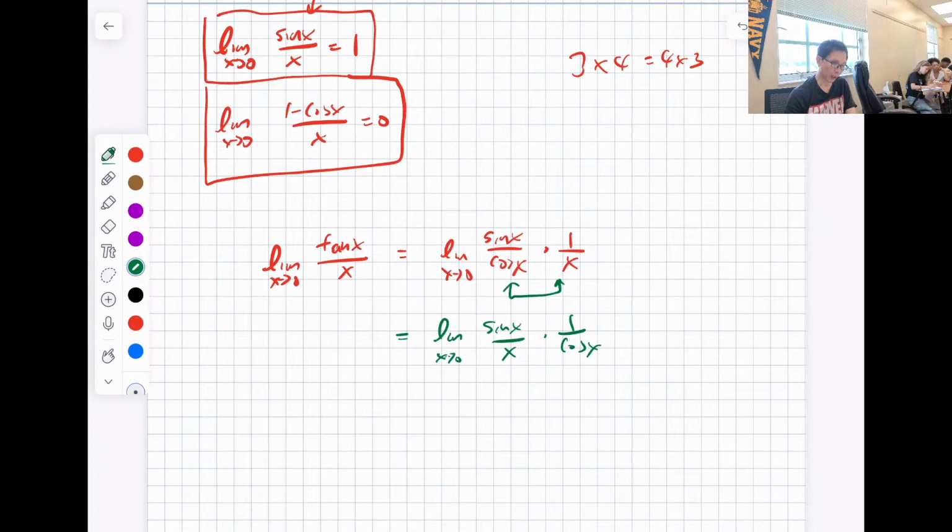Now we already know this part: we know this one's going to be 1. But the second one, we can do direct substitution. What is cosine of 0? 1. So this will give me 1, and this also gives me 1. So the answer is 1. Does that make sense?